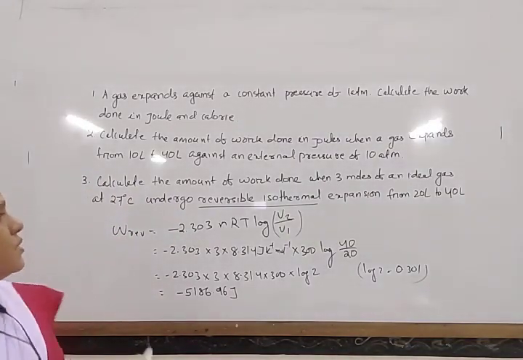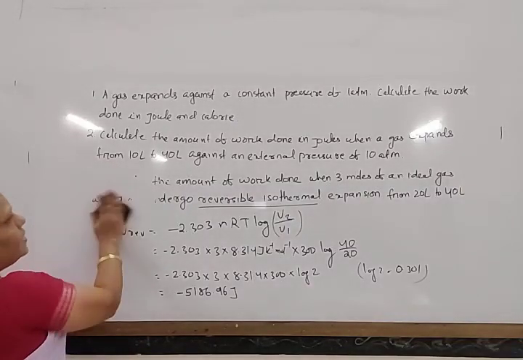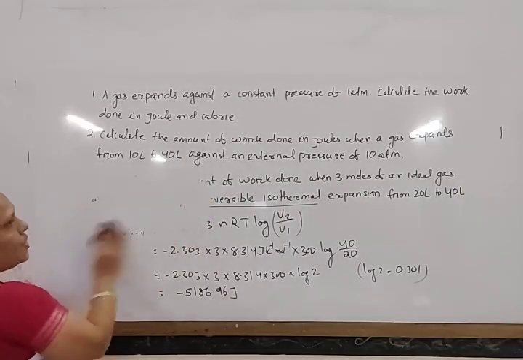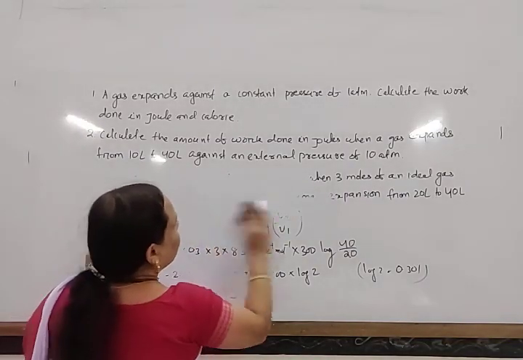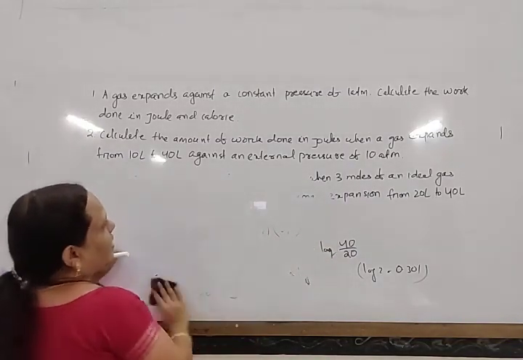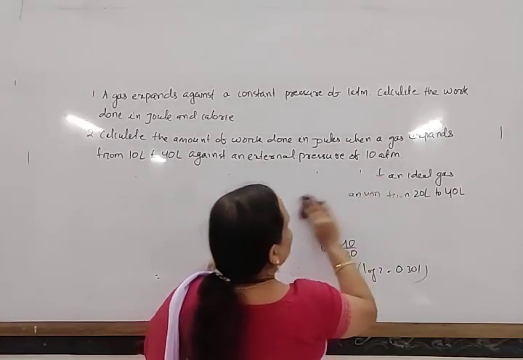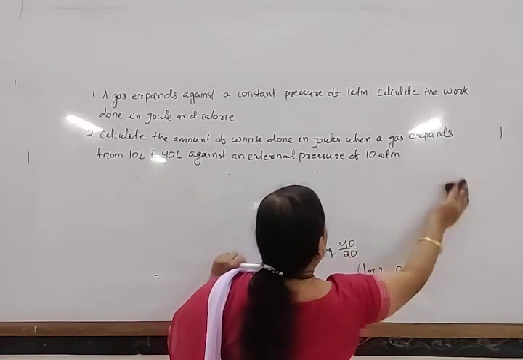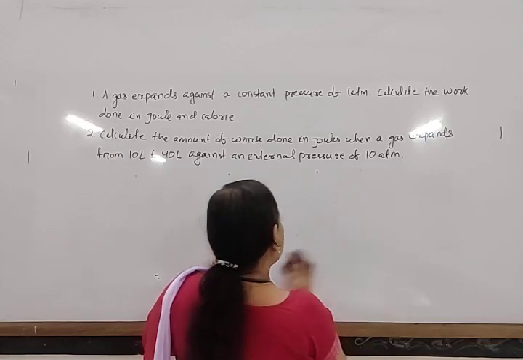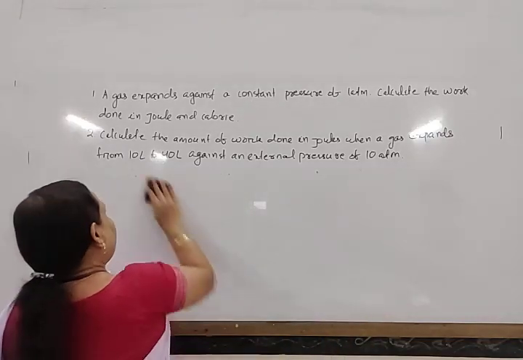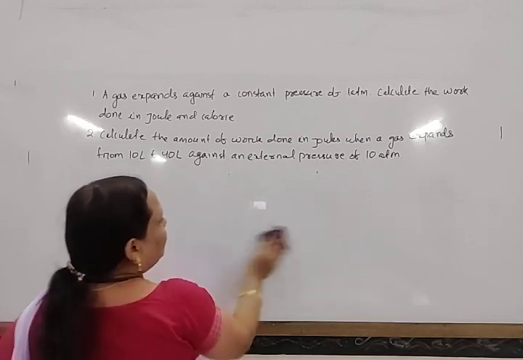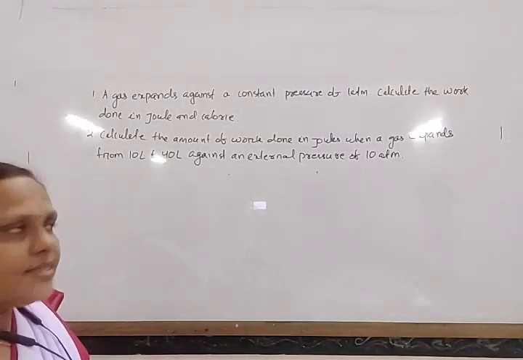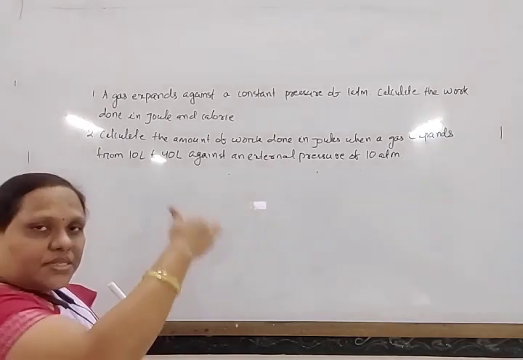Next come to question number 2. Calculate the amount of work done in joule when the gas expands from 10 liter to 40 liter against an external pressure of 10 atmosphere. So it is a sudden change, and the external pressure is constant at 10 atm.